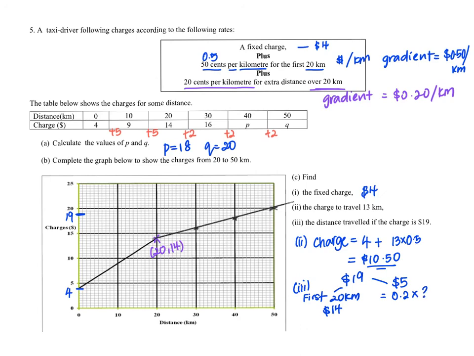So what is this amount of distance? The distance covered will be $5 divided by 0.2. So 5 divided by 0.2 gives me 25 kilometers. So I've traveled an extra 25 kilometers. What is the total distance that I have traveled? 20 plus 25 gives me a total distance of 45 kilometers.